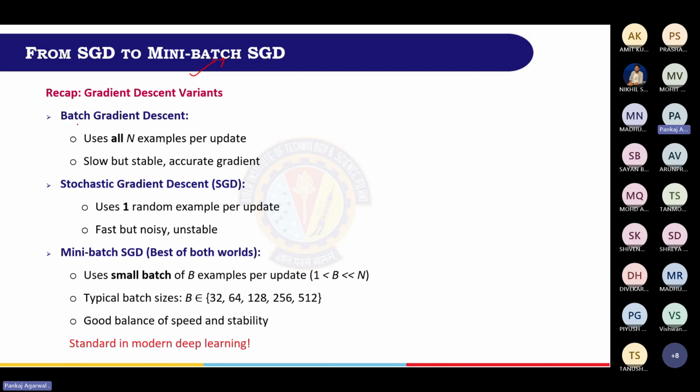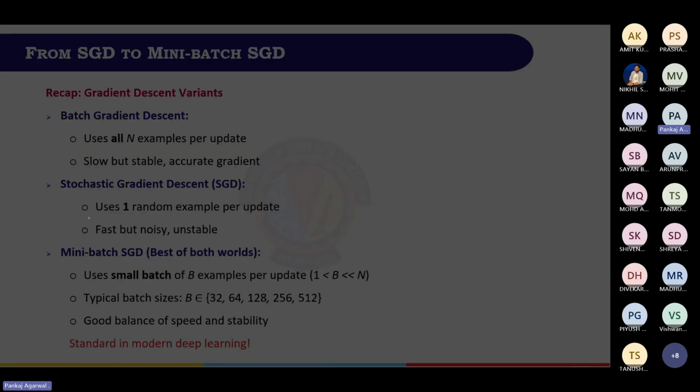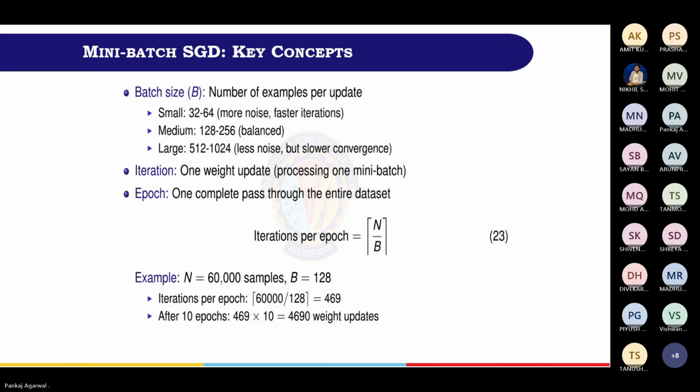If you talk about batch gradient descent, everyone knows what happens: we use n examples per update, slow but stable. I've explained it in my own way in previous slides. What about stochastic gradient descent? I've explained that. What is mini batch? I've explained that, and the advantages of mini batches. Some of the key concepts I've already covered, so I would not cover them again.